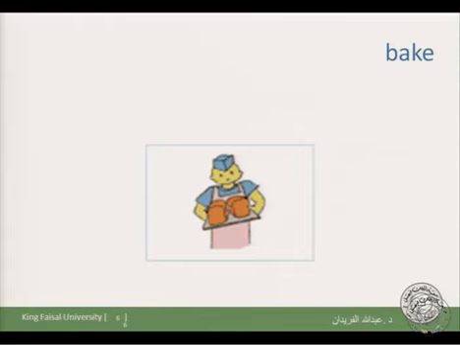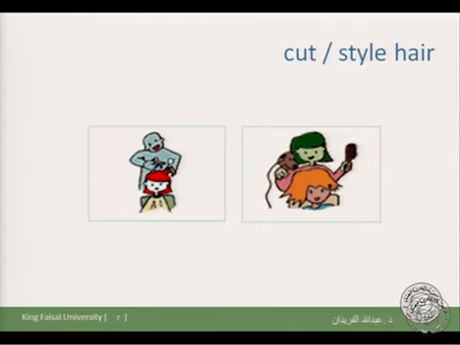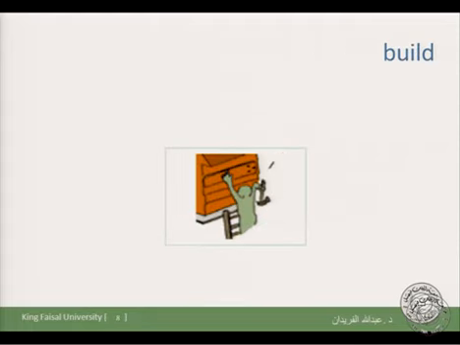Let's see the other people. He bakes every day. So we have the verb bake, and from the picture we can get the meaning of the word bake. He or she cuts or styles hair. From the picture we can get the meaning. He builds houses, for example, or towers, or buildings.